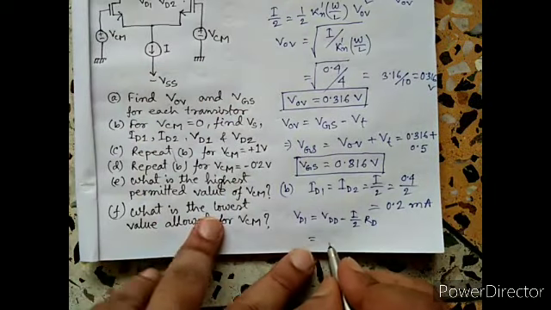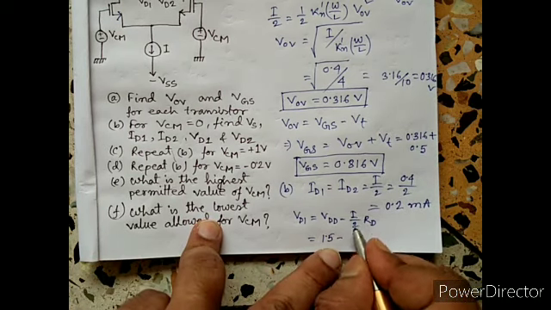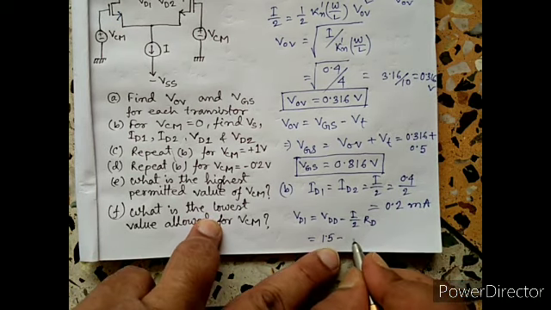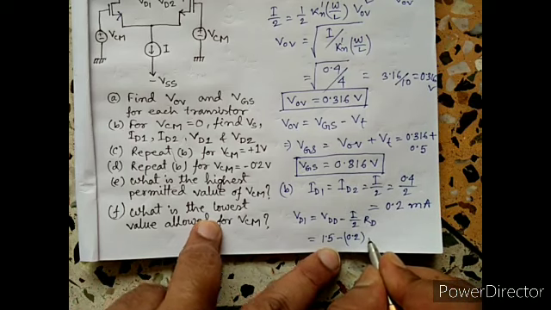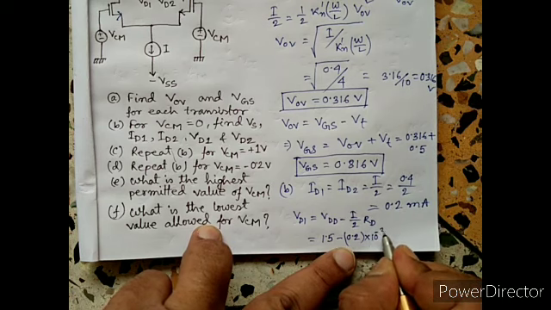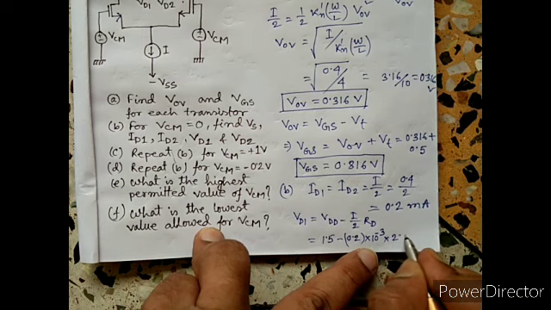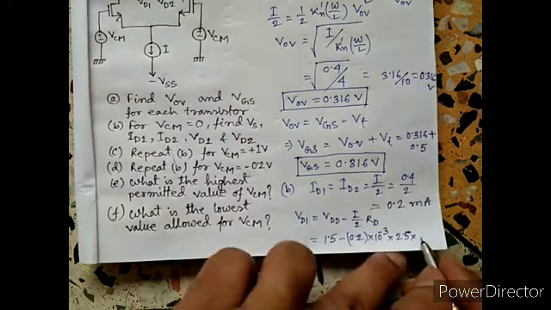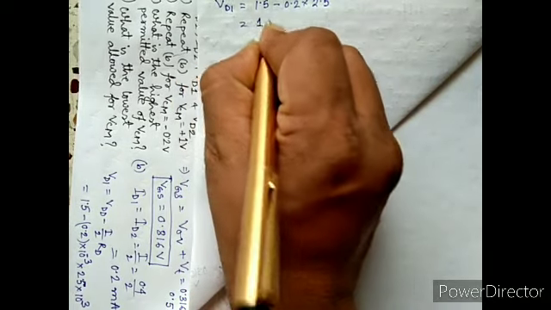So we can write 1.5 minus I by 2, which is 0.2 milliampere, that is 10 to the power minus 3, into RD, which is 2.5 kilo ohm, so 10 to the power 3, that equals 1 volt.